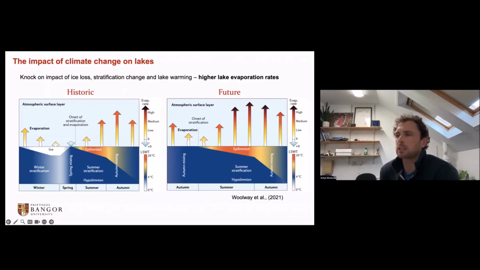In the future, as lakes lose that period of ice cover in winter and stratification starts earlier and lasts longer, hence an increase in the duration of summer stratification, what we're expecting is a considerable increase in the rates of evaporation in lakes. So in the future, due to these changes in ice stratification and warming, we expect lake evaporation rates to increase.